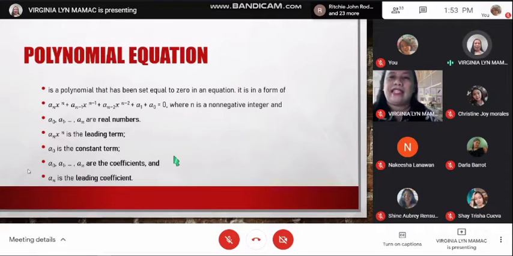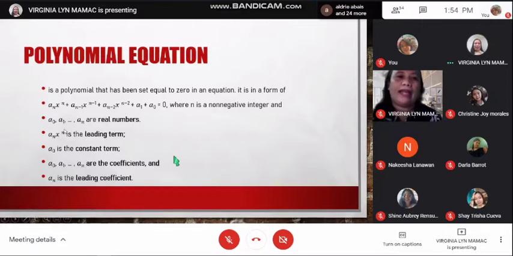It is in the form of this representation, where there is an equal symbol and n is a non-negative integer, with a sub 0, a sub 1, and a sub n. This is just the same as a polynomial expression, but the difference is there is an equal symbol.